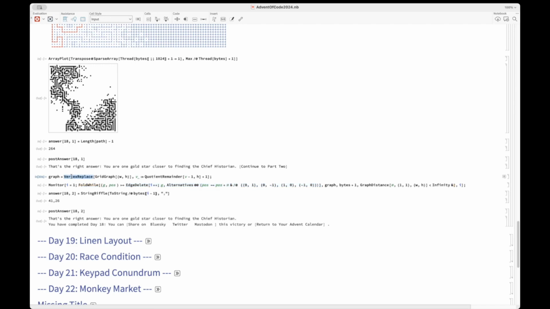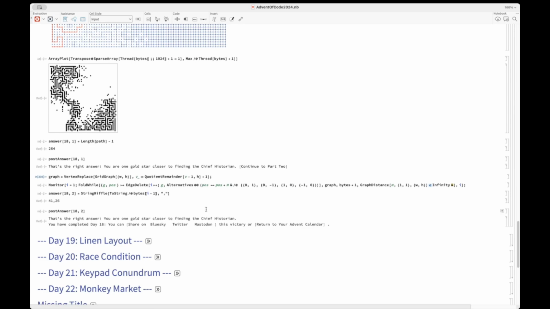You start with the grid graph. I'm replacing all the vertices with grid vertices. So it's like two numbers, right? You start and just fold over all the bytes you are given. For all moves, you delete some edges around it, and you stop as soon as the graph distance is actually not possible.